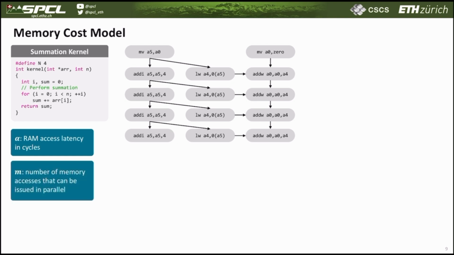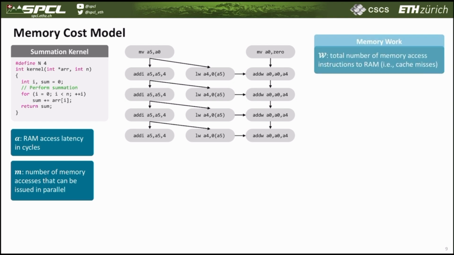And to do this, we need a couple of parameters. We need to say how many cycles we need to do a memory access, and how many memory accesses can we issue in parallel. So these are machine parameters that we can vary.